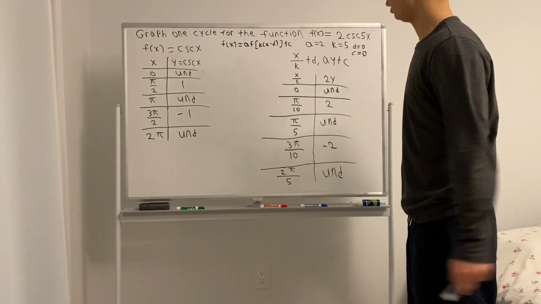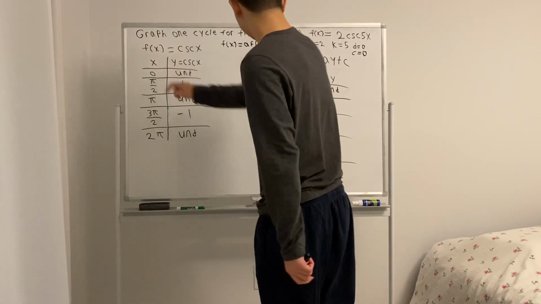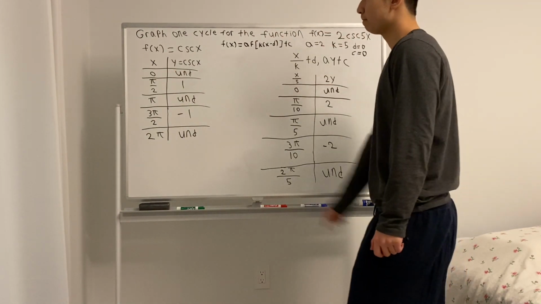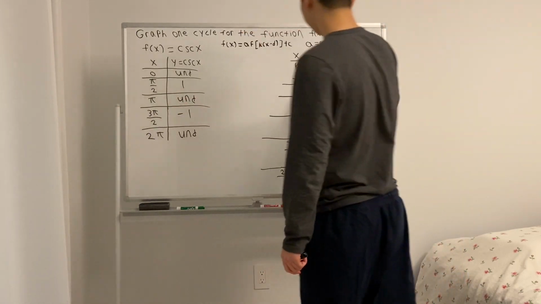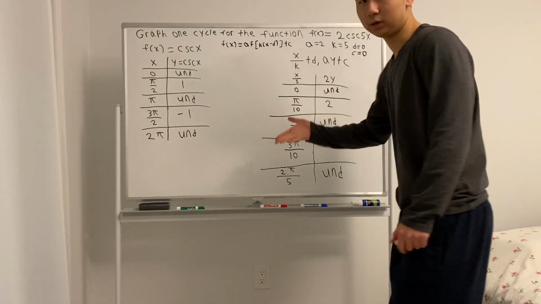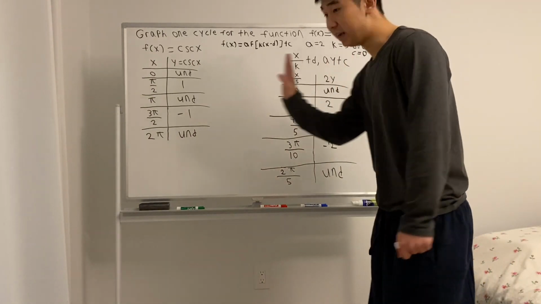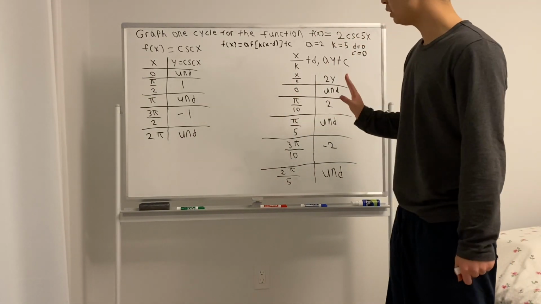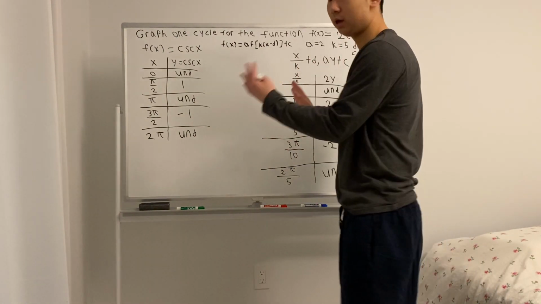So now, for the x values of the parent function, 0 divided by 5 is just 0. Pi over 2 divided by 5 is just pi over 10. Pi divided by 5 is just pi over 5, and so on. Now notice how, since there's no phase shift, that also means the vertical asymptotes are going to stay where they are. They're not going to move.